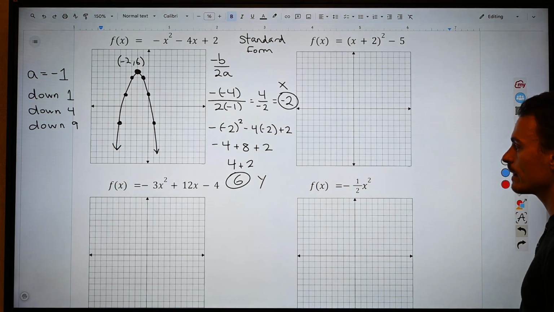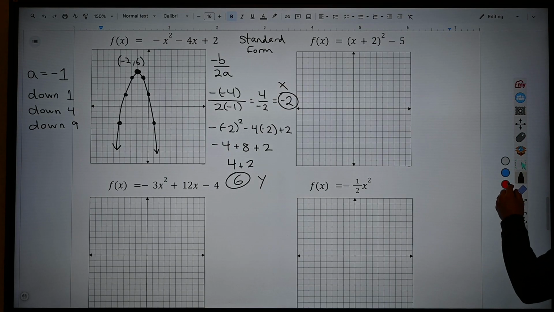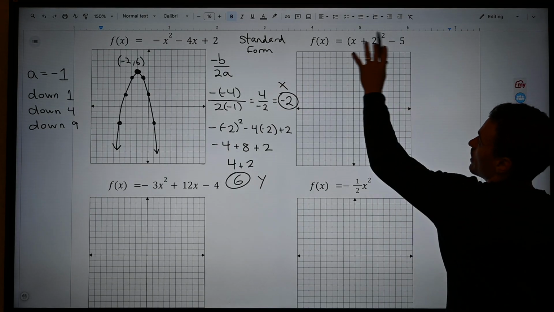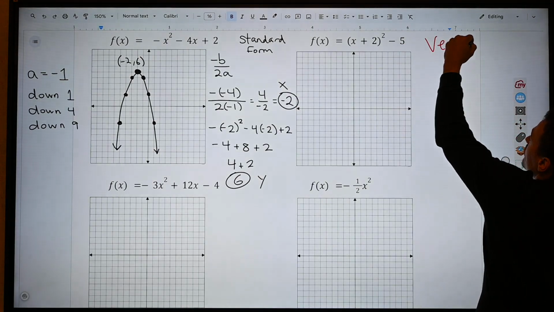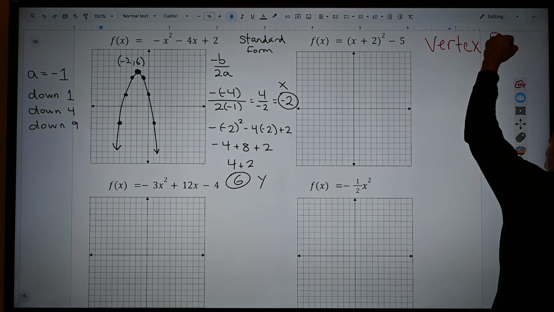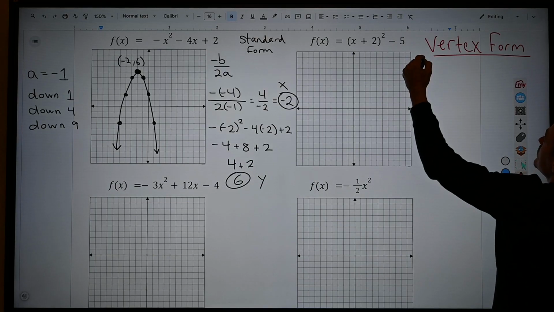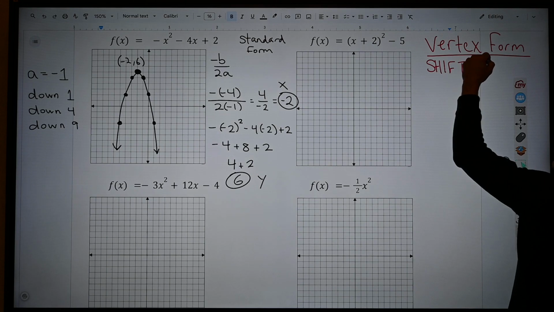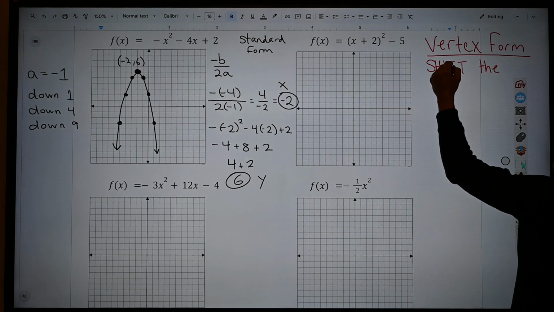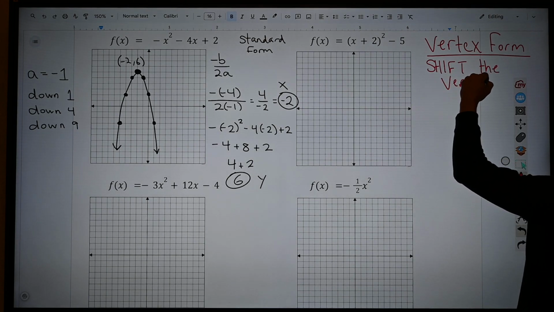Okay, let's talk about this one. I'm going to do it in red. This is called vertex form. In vertex form, you want to shift the vertex.